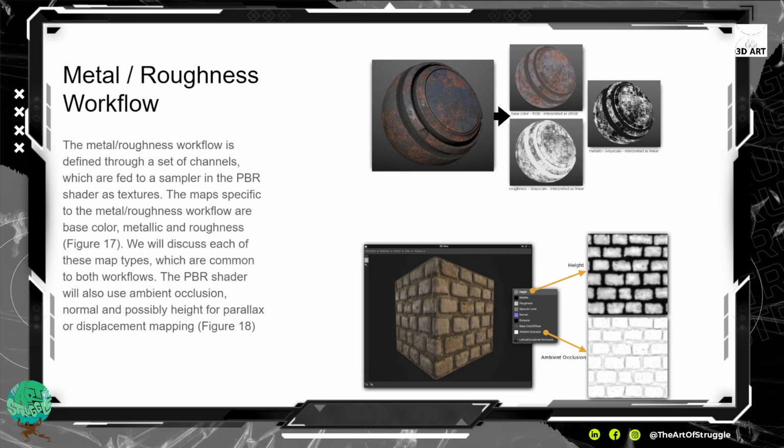The maps specific to the metal roughness workflow are base color, metallic, and roughness. We will discuss each of these map types, which are common to both workflows. The PBR shader will also use ambient occlusion, normal, and possibly a height map for parallax or displacement mapping, right? They say parallax or displacement because different software, like I've said before, name things differently, right?